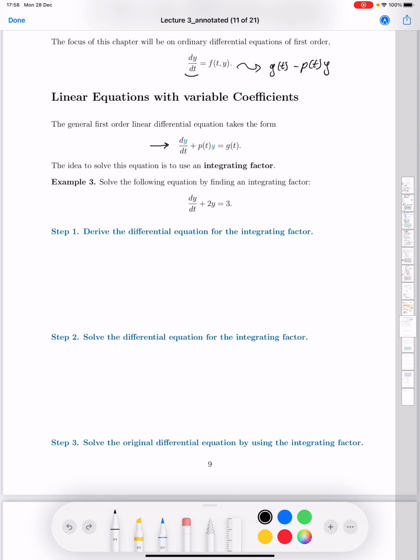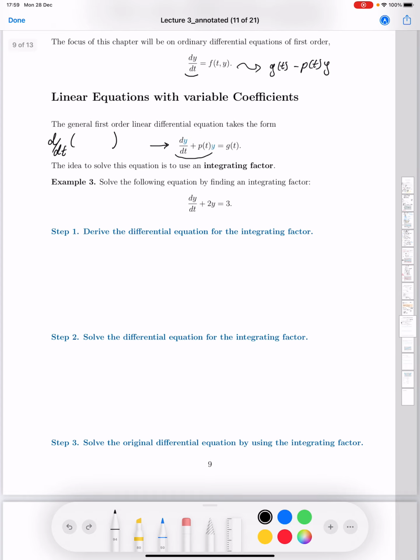The idea for solving this is to use integrating factors. For that, we want to make the left-hand side the derivative of a known function, because then I can simply take the integral and get rid of the derivative.